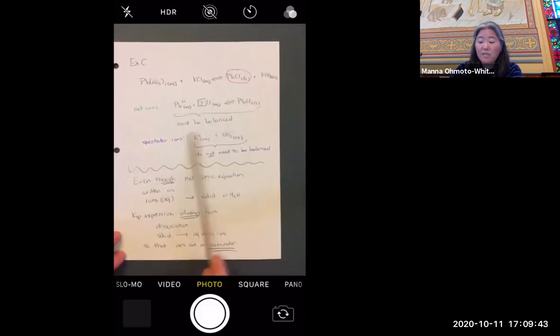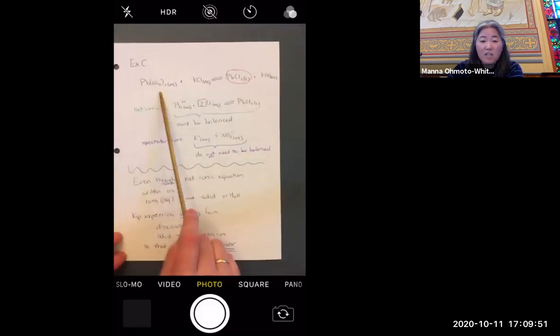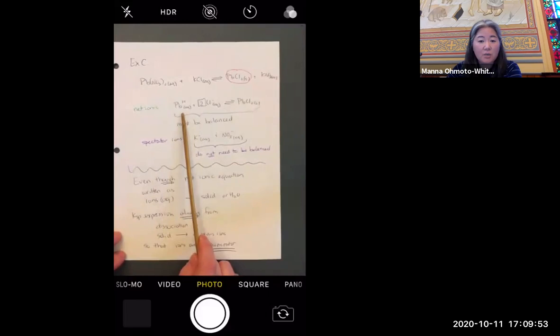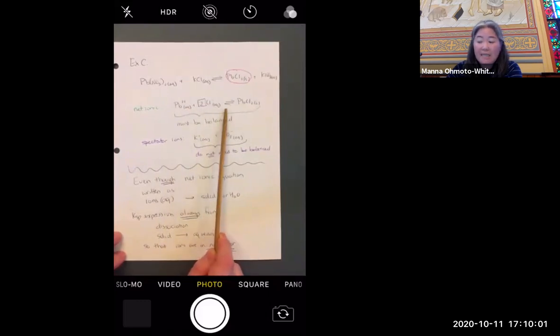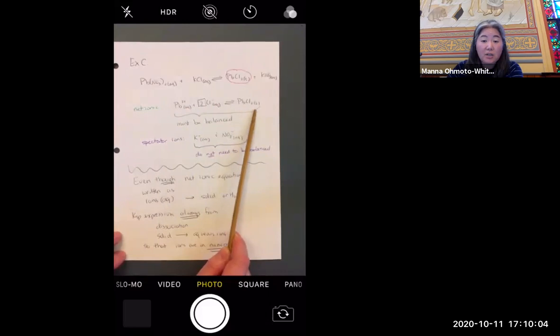So even though my spectator ions don't have to have coefficients, my net ionic equation has to be balanced. So I don't have to balance this reaction, but I do have to balance my net ionic reaction. So again, lead-2 plus aqueous ions plus 2 chloride negative ions, aqueous, yield lead-2 chloride as a solid.